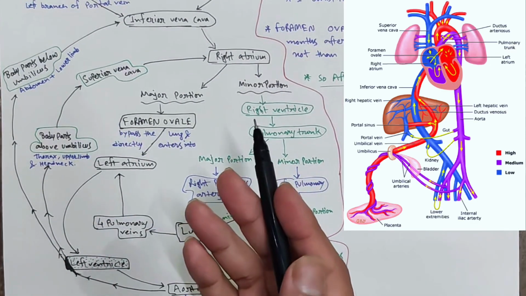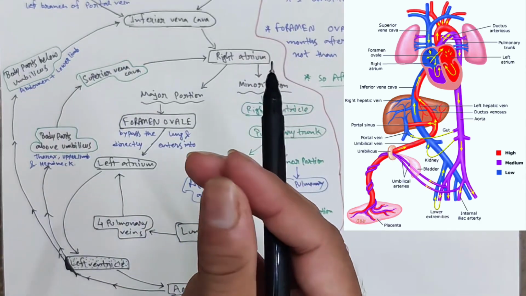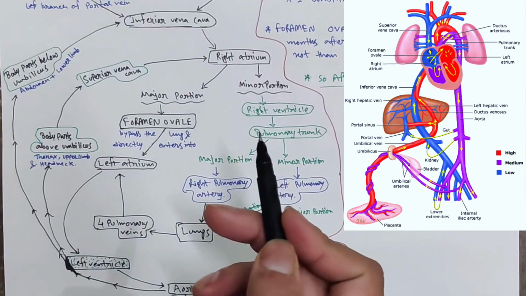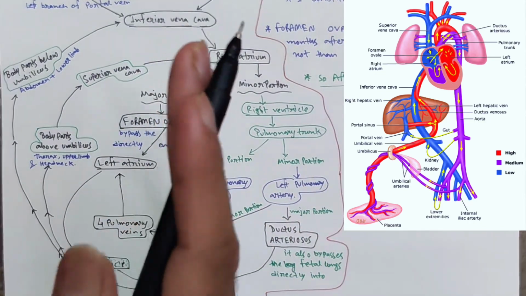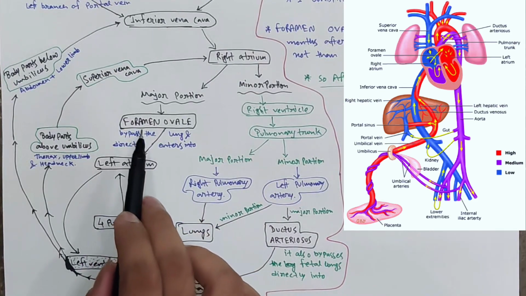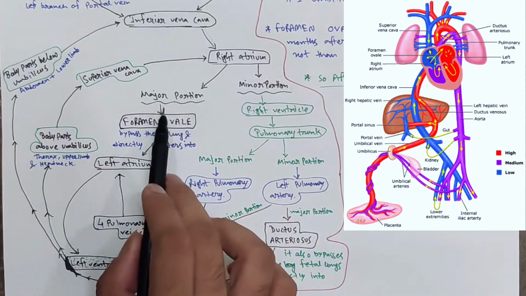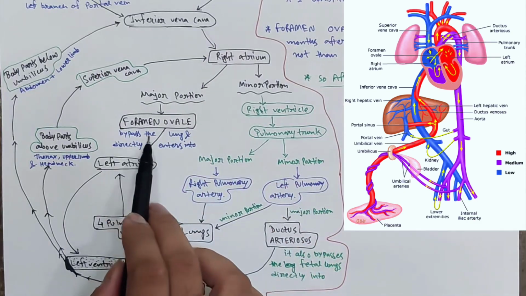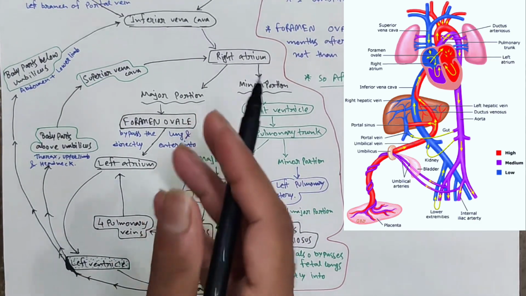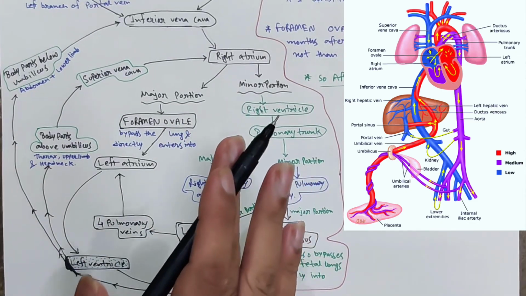It is actually a hole or gap between the right atrium and left atrium, and it is present in the interatrial septum. So the entire major portion of the blood bypasses the lung and directly enters into the left atrium. The fresh blood doesn't have to go into the lungs.